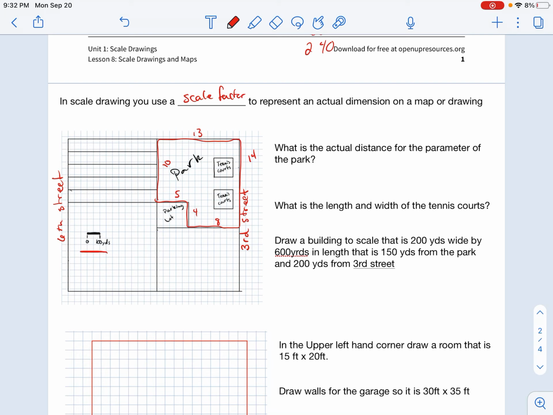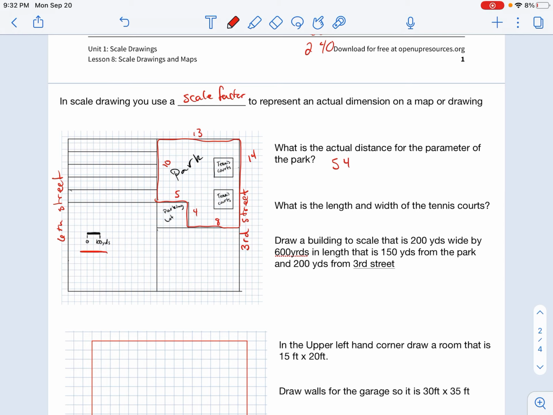So the total distance around the park is 14 squares on this side, 13 on the top, 10, 5, 4, and 8. If we add those all together, you get 27, 37, 42, 46, and then 50, 54. So 54 squares.